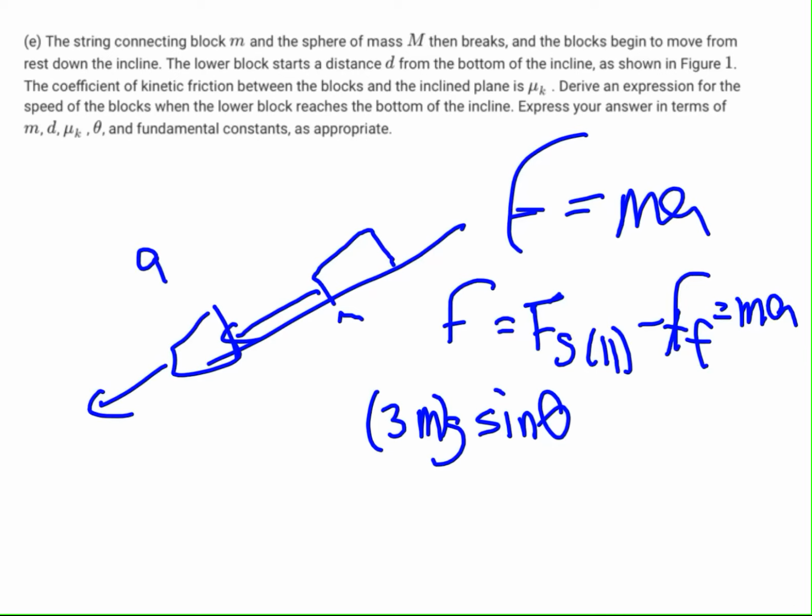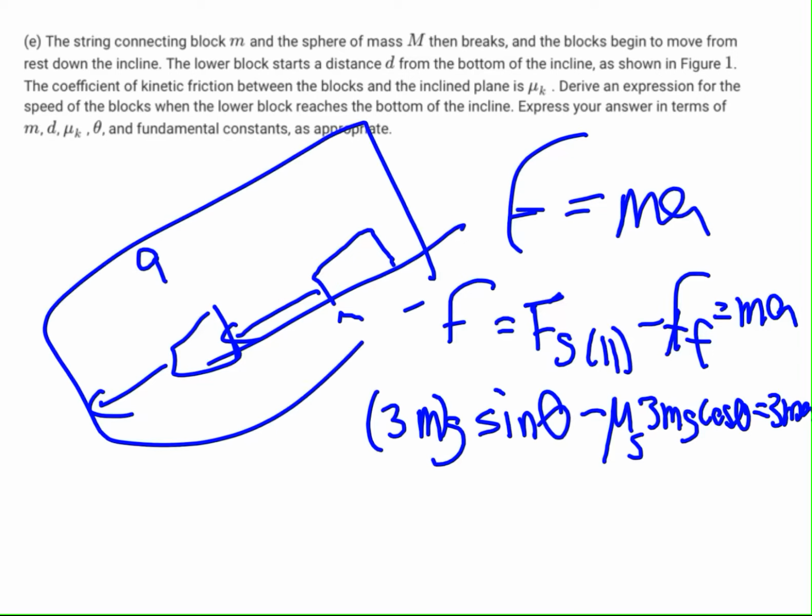Because this guy's also here. 3mg sine theta minus mu 3mg cos theta equals 3m a, because now we're only concerned about this big piece moving, so it's 3m, and we're looking for the acceleration.